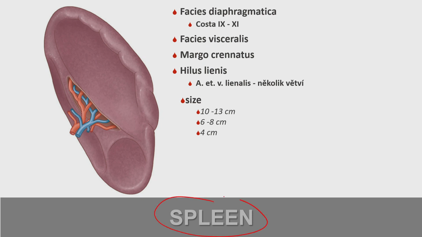Spleen is a large lymphatic organ which has some ovoid shape and is localized on the left side below diaphragm, similarly to liver on the right side.